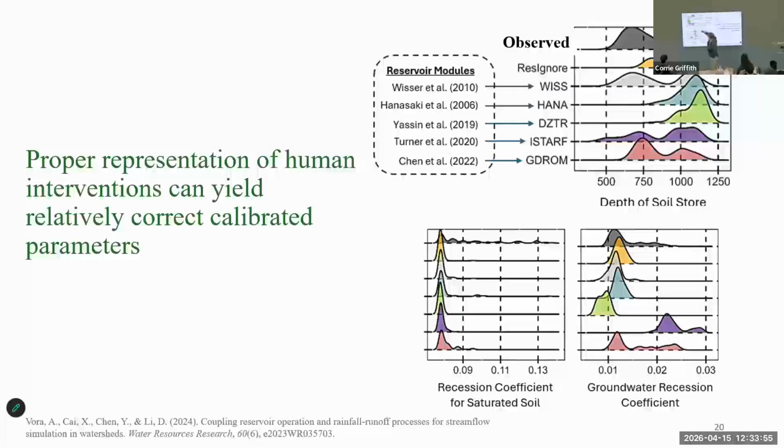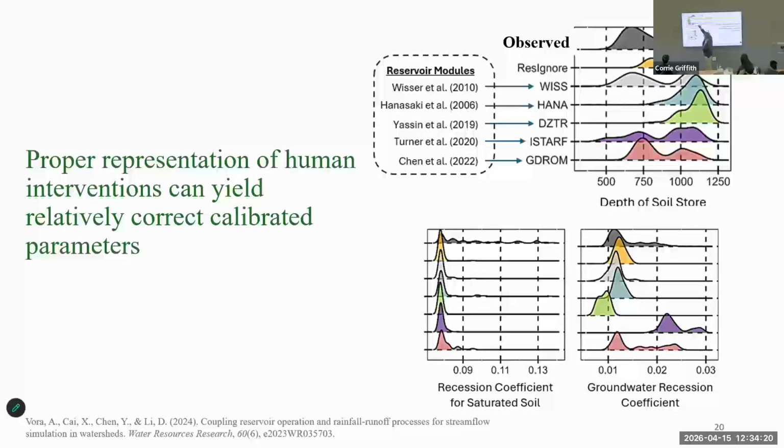And we compare three parameters. We compare the different models with observed, right? For depth of soil storage, this is one of the parameters used in the watershed model. So we found out with GDRAM, we could basically catch the pattern, right, as observed.